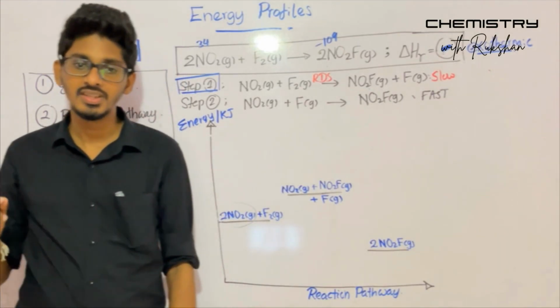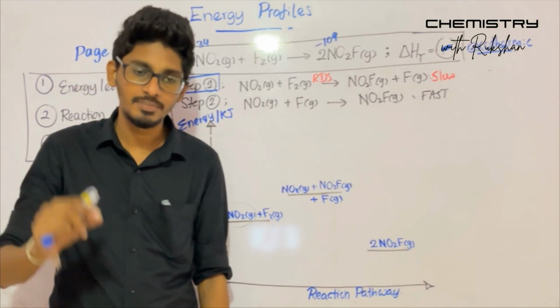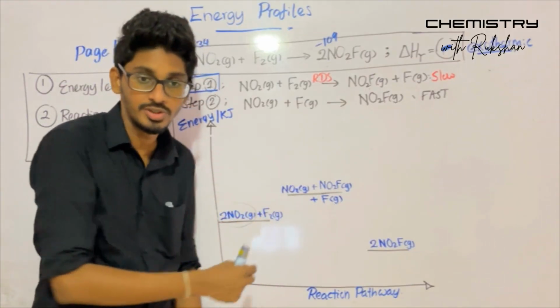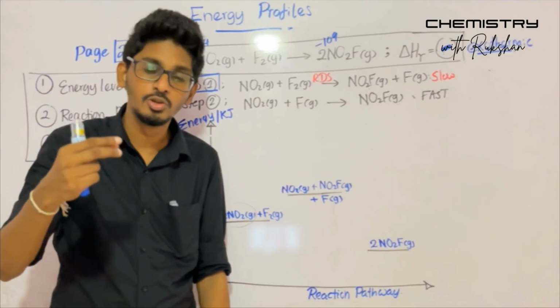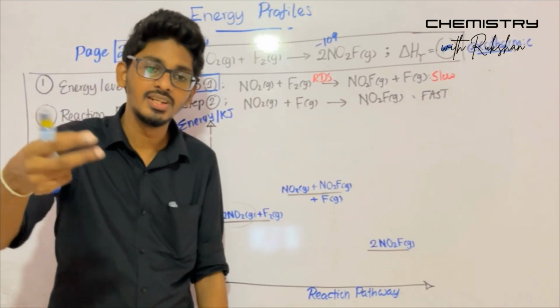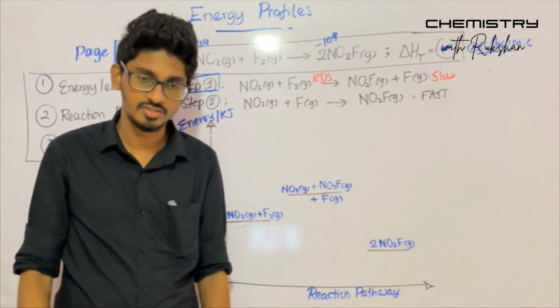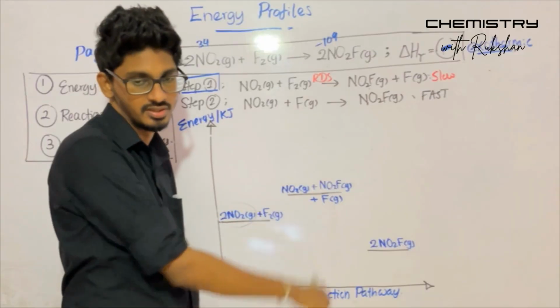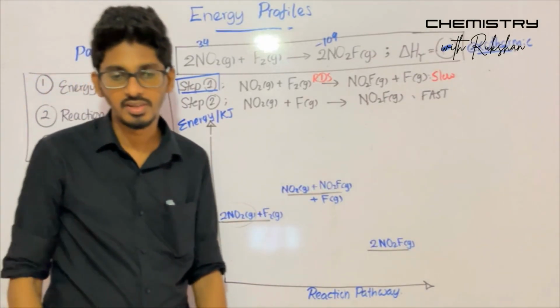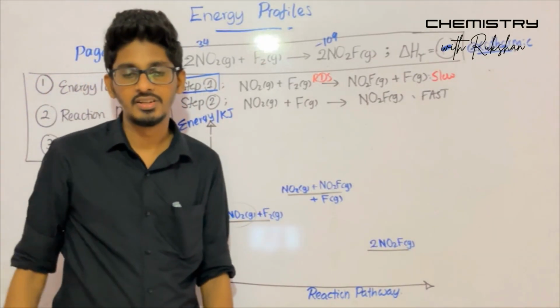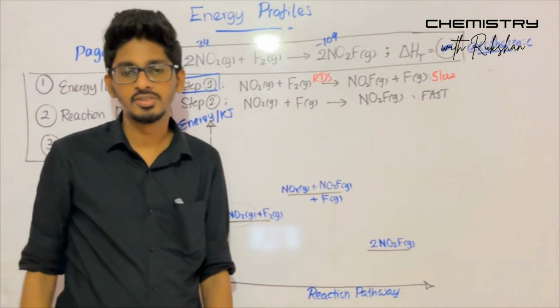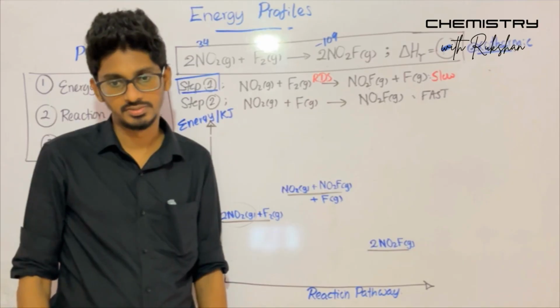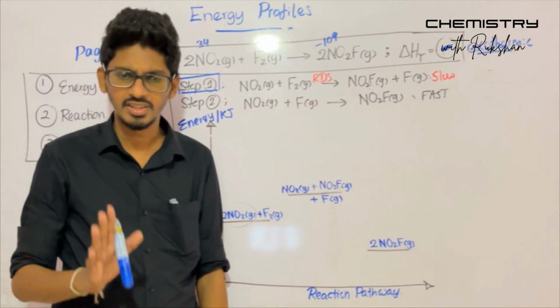When the intermediate is there, not only the intermediate appears in the flask, some other species are also there. Some other species should be there to react with the intermediate and consume it afterwards. Definitely. So you have to include all the other species with the intermediate when writing the species at the intermediate energy level. It's not hard, right? Very easy.